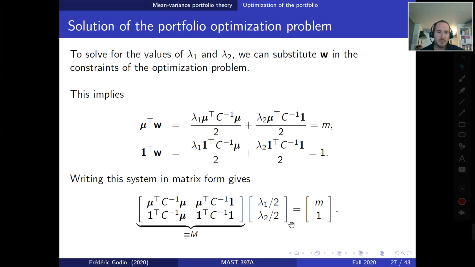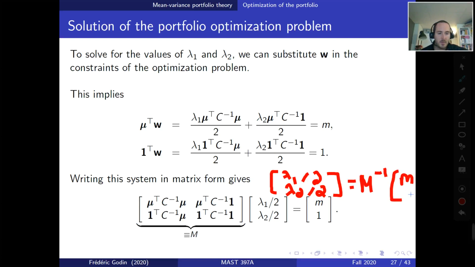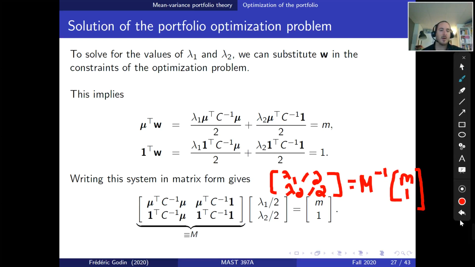So basically this can be solved simply. The vector lambda 1, lambda 2 over 2 is equal to M inverse times m1.